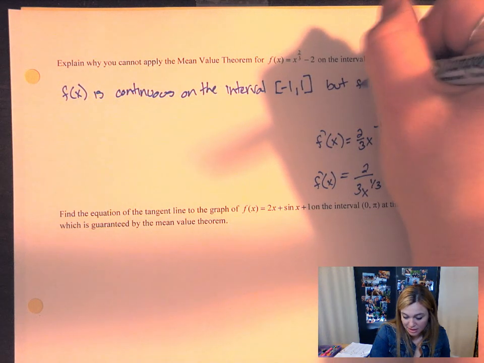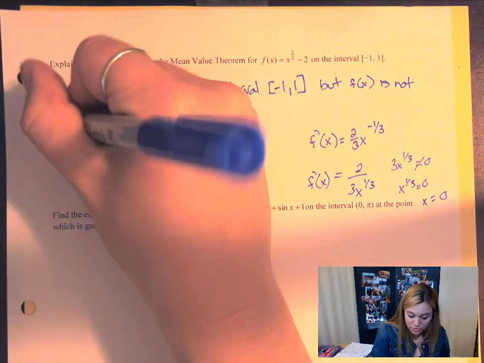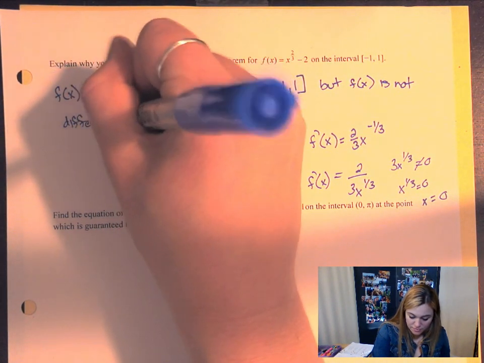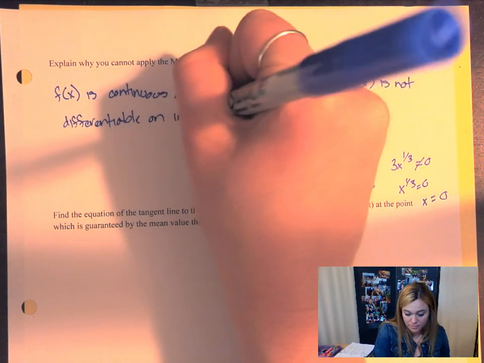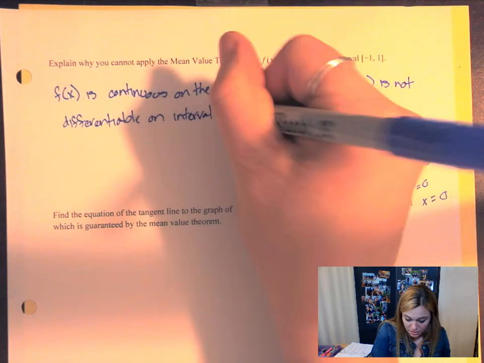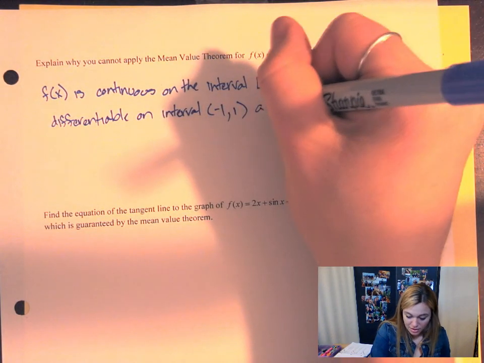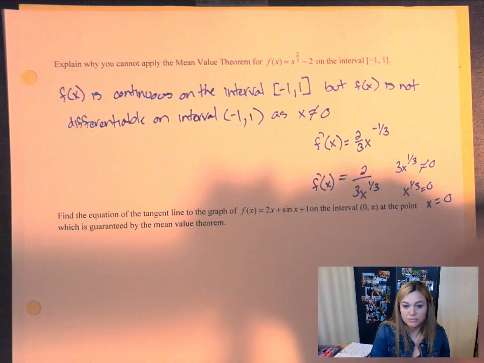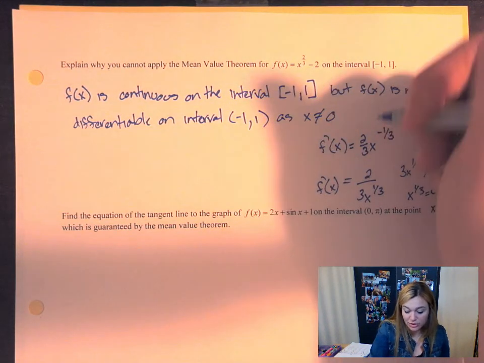But, and I'm going to say f of x is not differentiable on the interval -1 to 1, so it's the open interval, as x cannot equal 0 for the derivative.